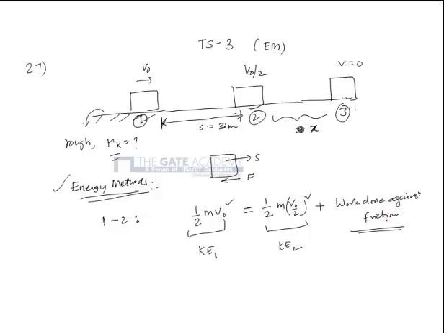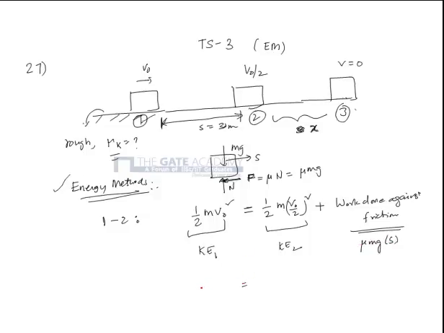If you take this as mg and this as N, these are the forces and the friction is F. The friction force is given by mu into N, and N is equal to mg here, considering static equilibrium. So the work done against friction will be mu into mg into the distance traveled s.